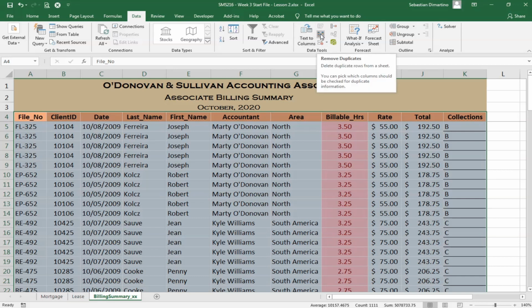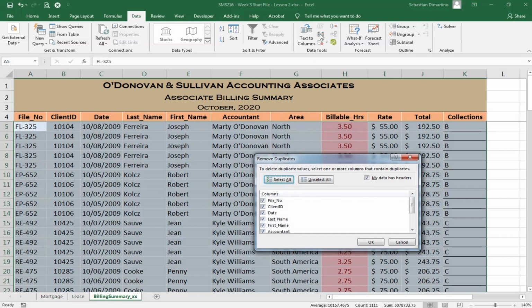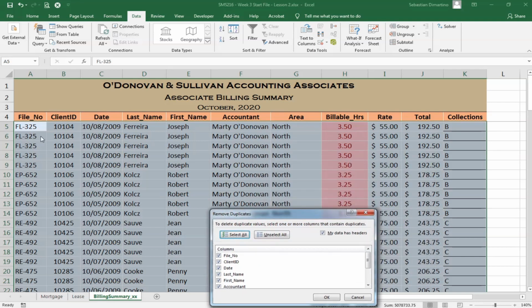I'm going to click on Remove Duplicates, and I'm going to make sure that it confirms not just one column is a duplicate, but every single one of these. If this invoice file number was 3.5 hours, but everything else was the same except for this being 3.75 hours, it would not remove them because these two things are different.